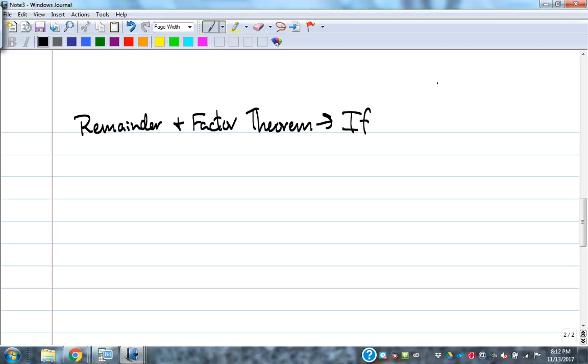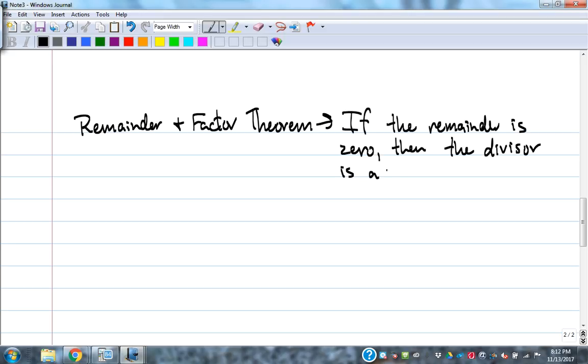What the remainder and factor theorem says is if the remainder is 0, then the divisor is a factor of the polynomial.